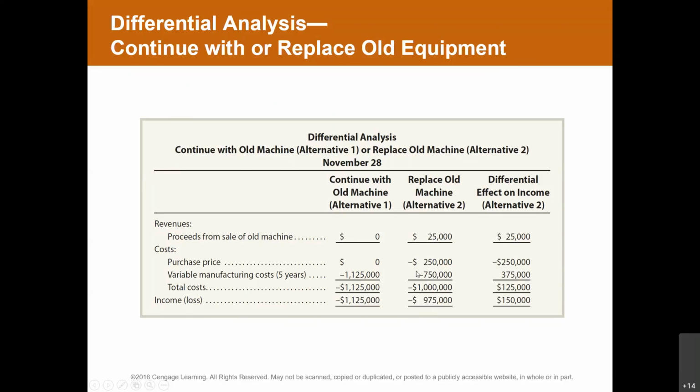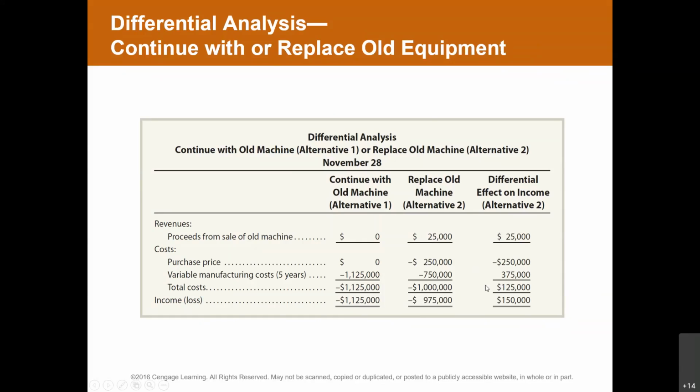So I would rather lose $975,000 instead of losing $1.125 million. Right. So in any differential analysis, we want to always subtract the revenue from the total cost. Absolutely. Yep. Very good.